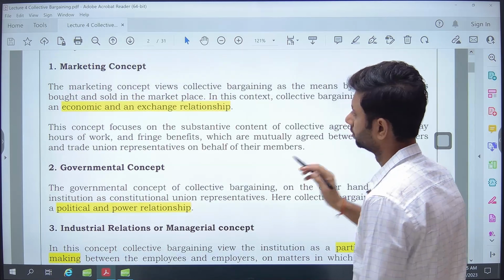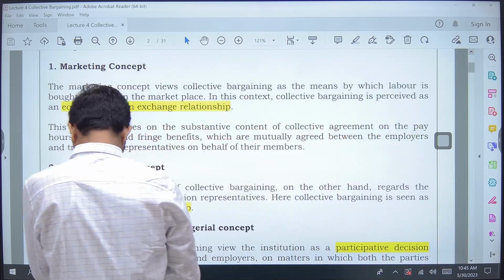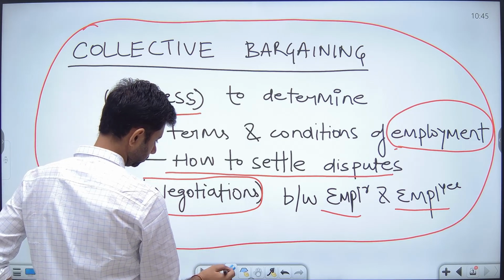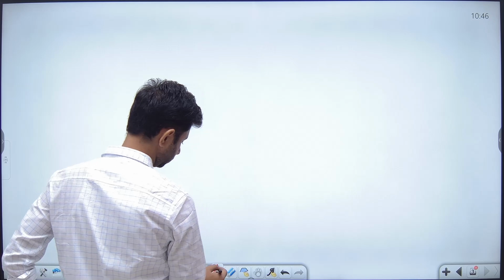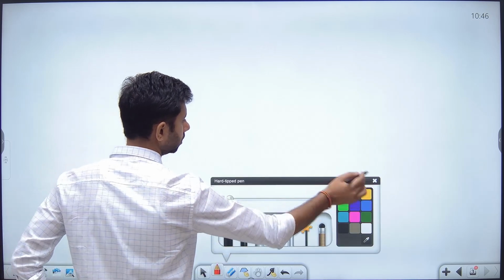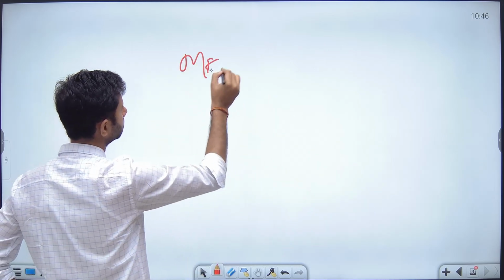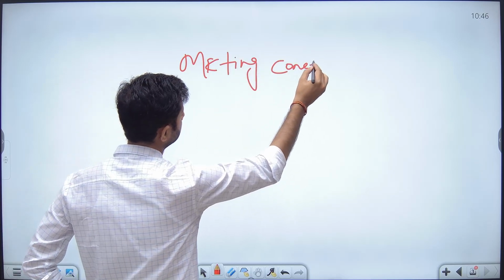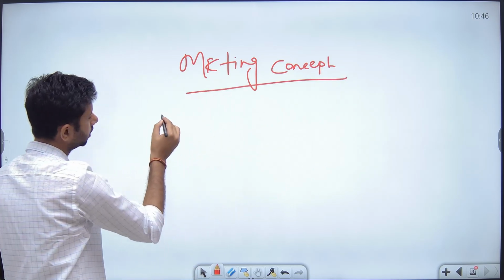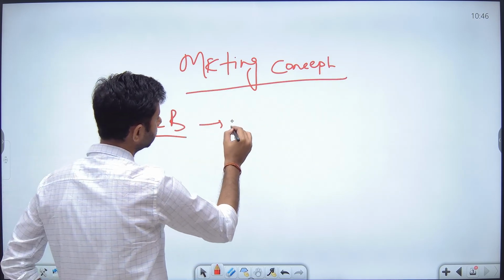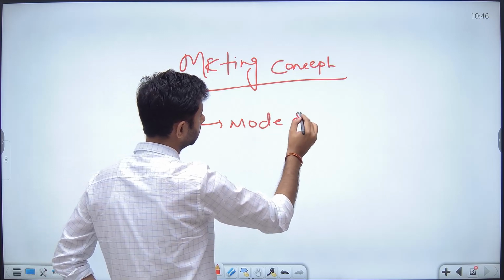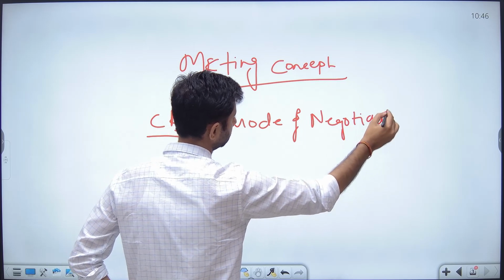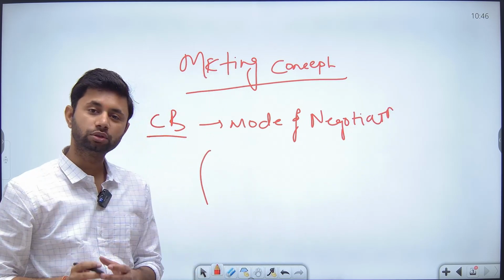So first of all, the marketing concept. In the marketing concept, collective bargaining is seen as a mode of negotiation that is solely focused on the economic aspects.